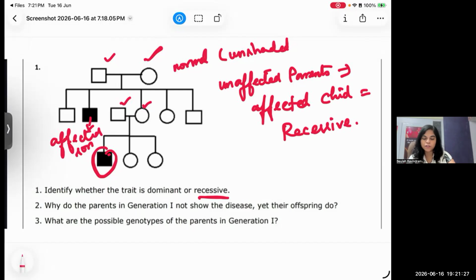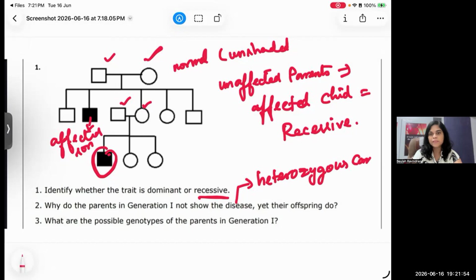Why do the parents in generation 1 not show the disease, yet their offspring do? Now you are able to answer this question after listening to all the lessons I took before. The answer is: the parents are heterozygous carriers for the trait. Since the trait is recessive, it requires 2 copies of the defective allele to actually manifest as a disease.